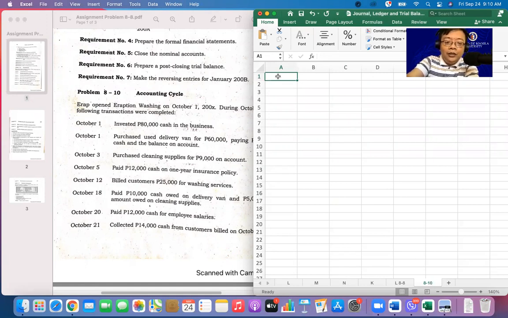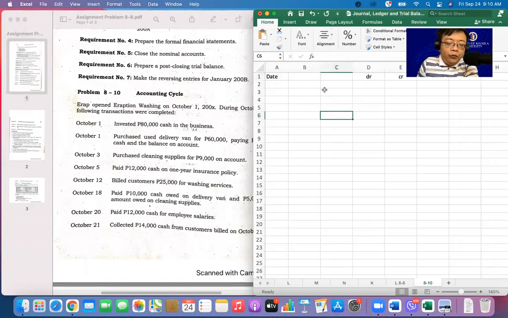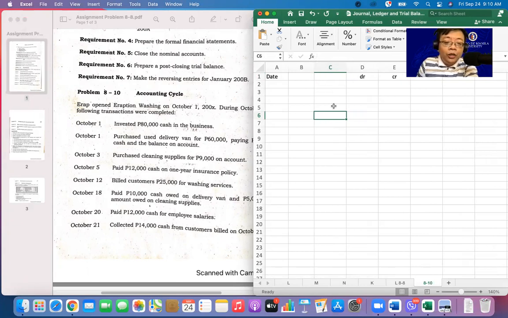So I will put here the date, and also your debit and your credit. We have this so you can familiarize yourselves with how to journalize, and also post to the ledger and then prepare the trial balance.